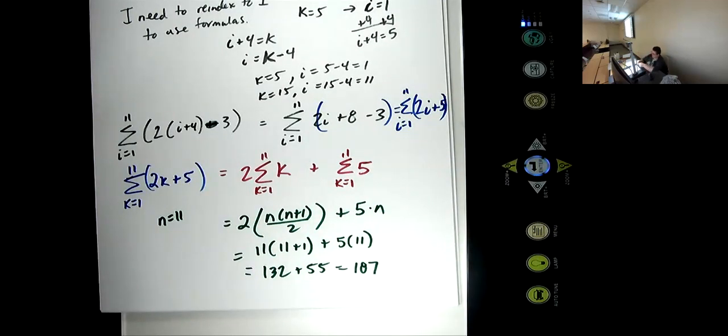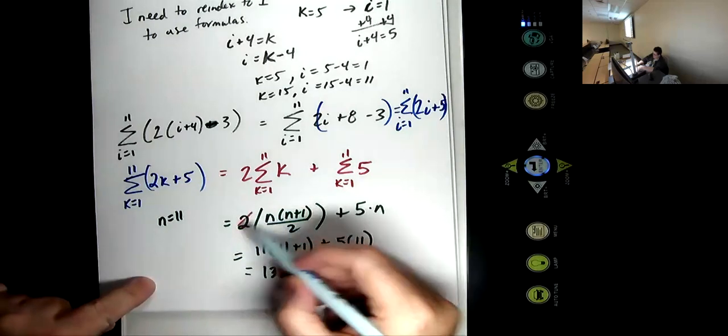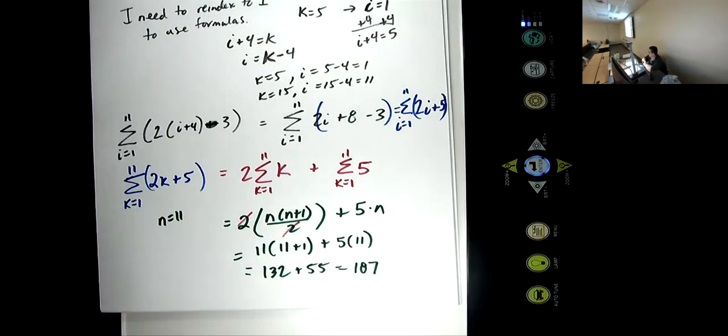So here I just canceled out the 2's, and then I subbed in n equals 11.